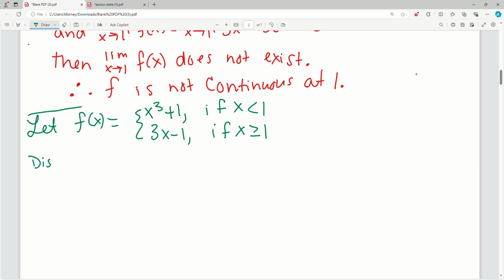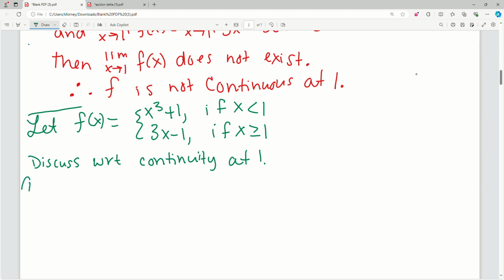I'm going to put discuss. I should have written this. Discuss with respect to continuity at 1.